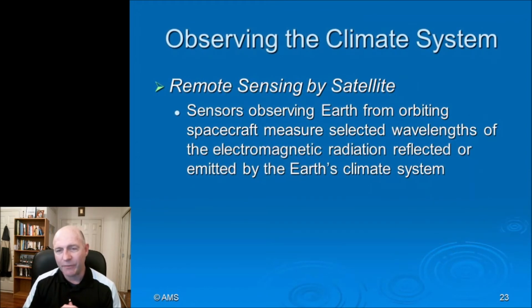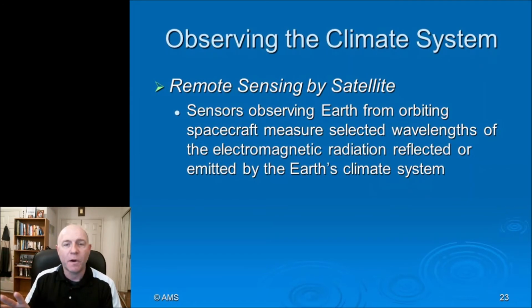Now, we can't be everywhere all the time, so fortunately, we can do some remote sensing by satellite. Previously, those were all in situ measurements of things that were actually in the medium that we're measuring. So this is remote sensing. We're not in the medium that we're sensing. We're looking at it remotely.